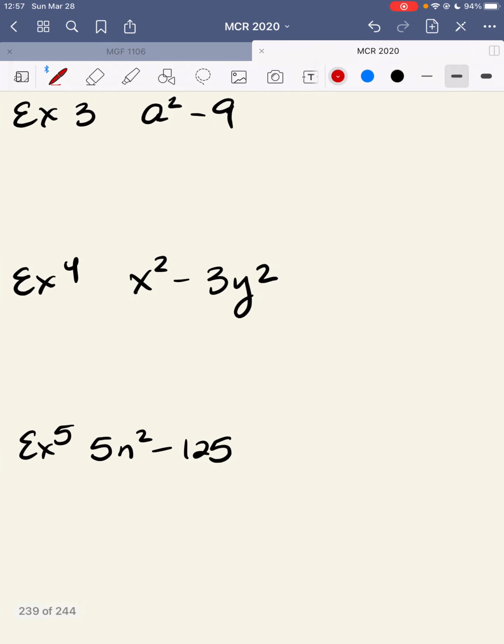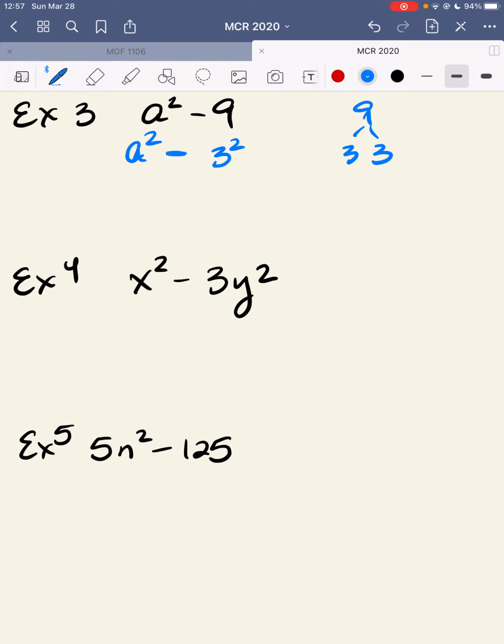All right, example 3 actually has some numbers here. So we want to look, first of all, are the front and the back perfect squares? Okay, well, a squared is a perfect square. And 9 is a perfect square called 3 squared. Remember, because 9 is 3 times 3.